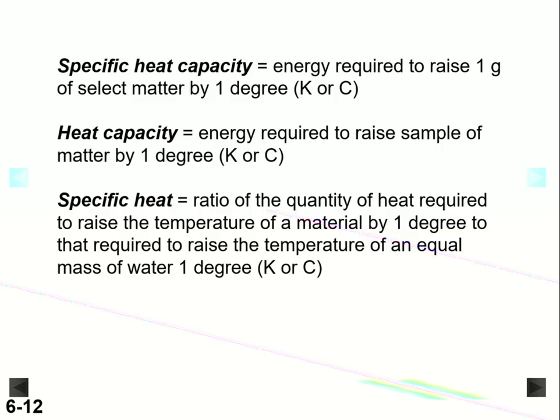Now you'll also see a term specific heat thrown around. We won't use this, but you will see this. It's a unitless quantity. It's the ratio of the quantity of heat required to raise the temperature of the material by 1 degree to that required to raise the temperature of an equal mass of water 1 degree. So it's simply the unitless version.